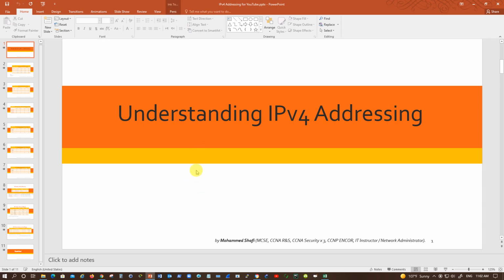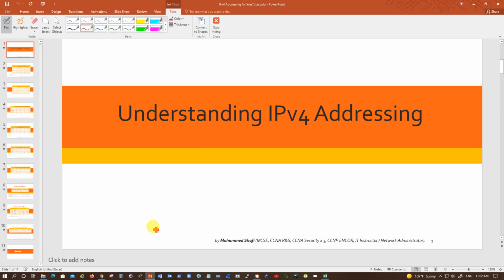MAC address, let me just invoke my pen. Okay, the MAC address we are talking about is media access control address, a 48-bit address expressed in hexadecimal.